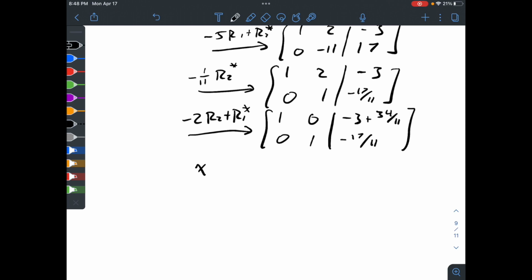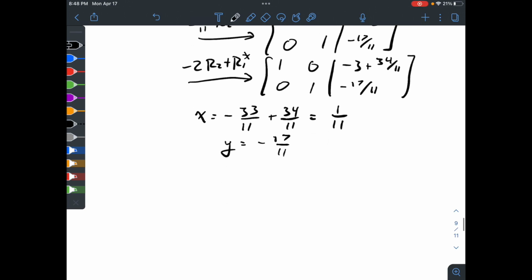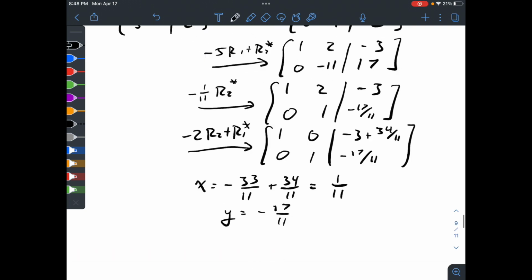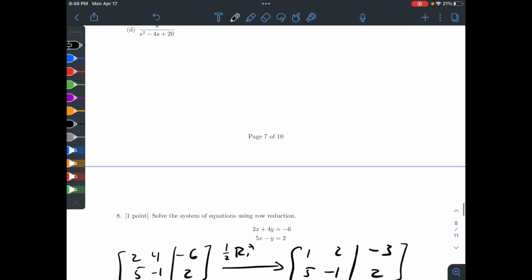Whatever that value is going to be our x value. 3, if I want to find a common denominator of 11, that's 33 over 11. So this becomes just 1 over 11. And then our y value is just -17 over 11. So that's our answer. That's our x value, that's our y value.